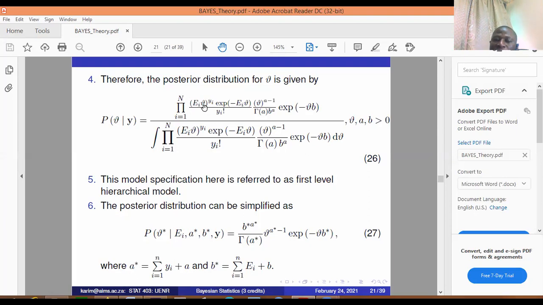So we are going to have our theta, which is going to be alpha plus y here. So our alpha is now going to be yi plus a, and then our beta is going to be the expected number of cases, that is the summation, plus the beta.